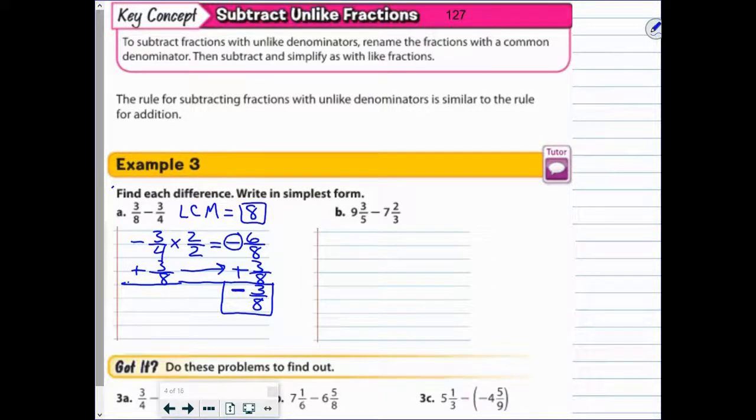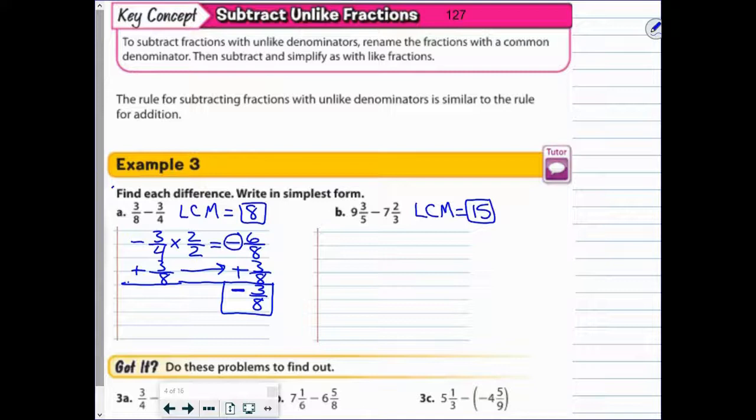Well, 3 does not divide into 5, so it's not going to be 5. There's not a common factor for 5 and 3. And so we're just going to take those two denominators and multiply them together. So what is 5 times 3? It's 15. So our least common multiple for this problem will be 15.